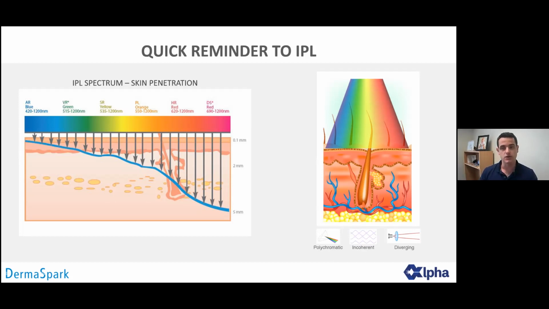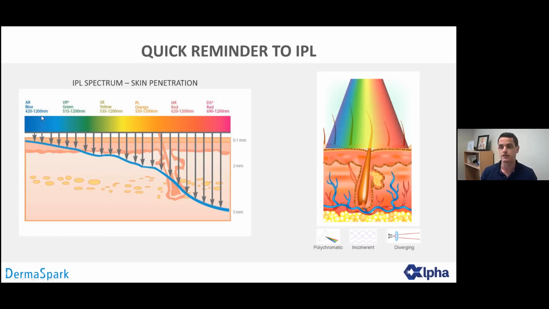Another thing that we mentioned when we talk about the IPL is that different components of the IPL spectrum can penetrate to different depths in the skin. Generally speaking, the longer the wavelength, the deeper the penetration is going to be. If we look here to the left, we see again the IPL spectrum and how different wavelengths, different colors, penetrate into the skin.